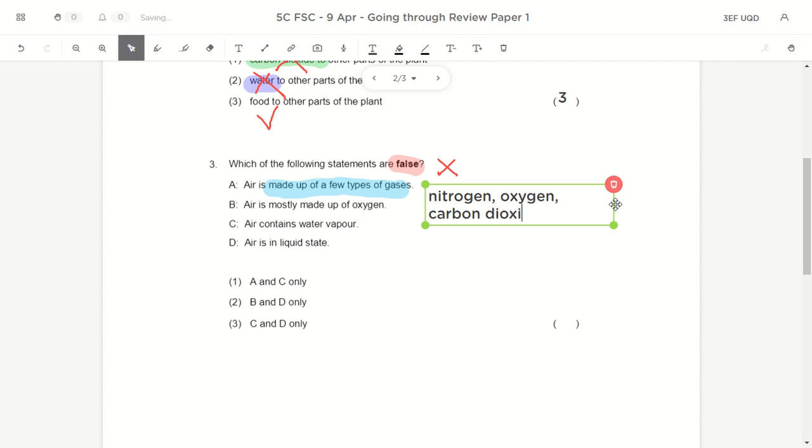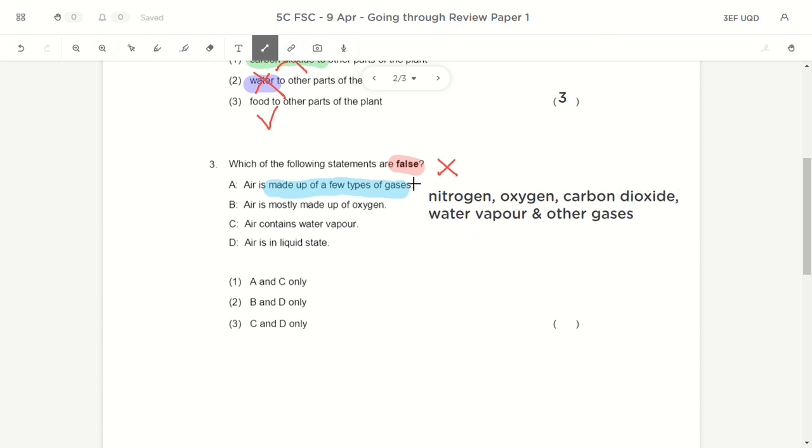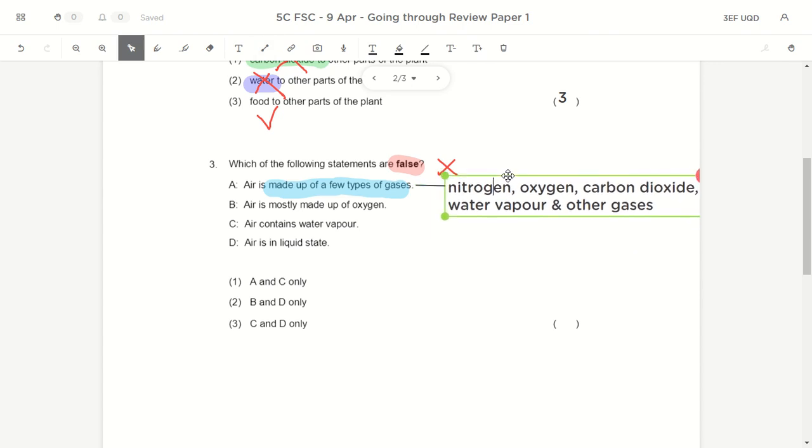As you think about it, you're actually revising also. And water vapor and other gases. Okay, we know that this is true because air is made of nitrogen, oxygen, carbon dioxide, water vapor, and other gases.